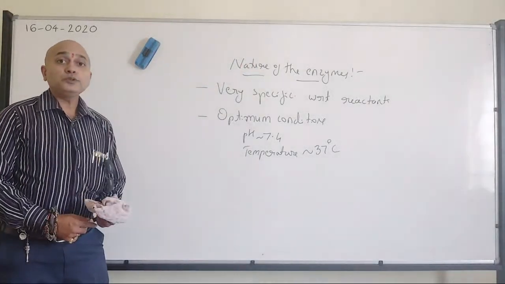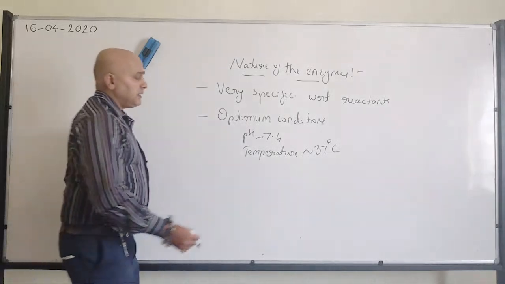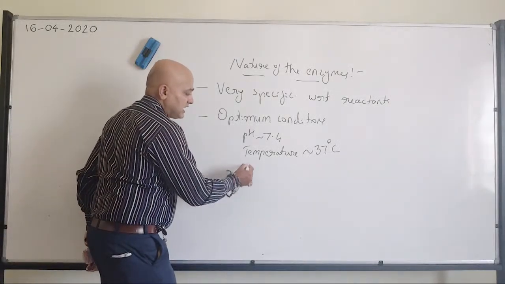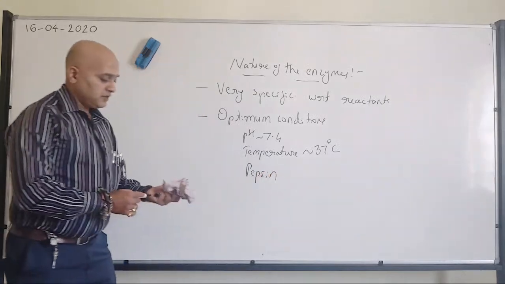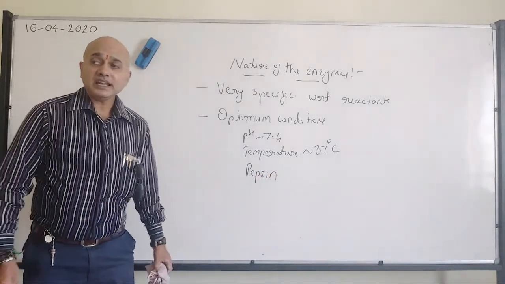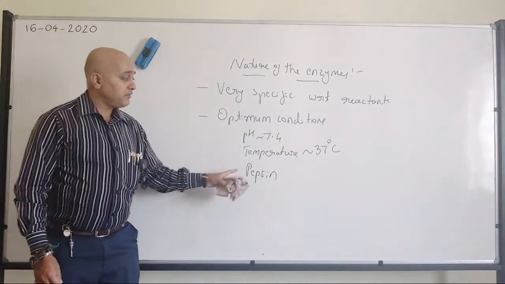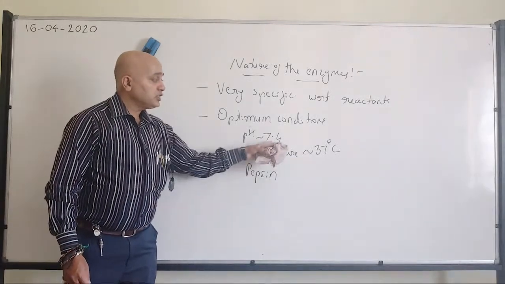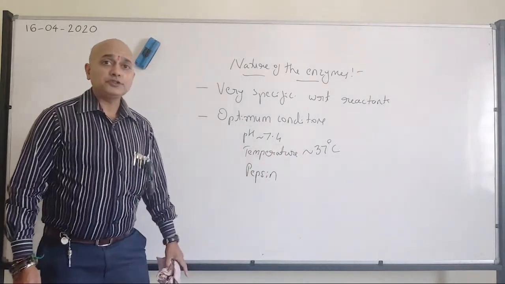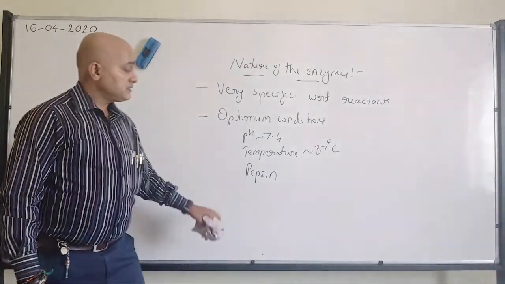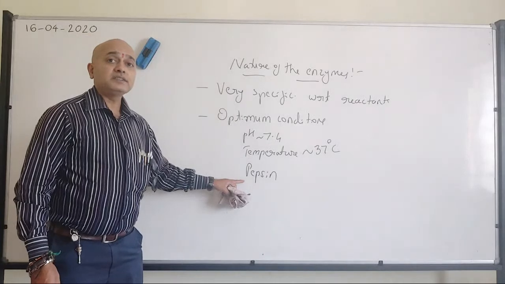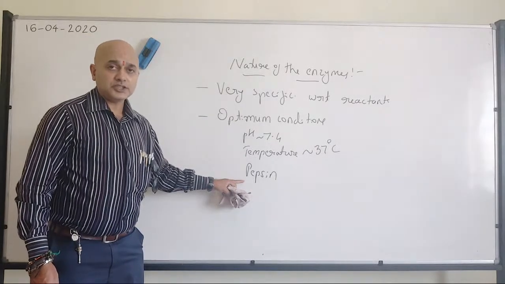Somewhere around 2. Now at that particular pH we have one enzyme which is called pepsin, which will be active. Pepsin requires optimum condition where pH should be not 7.4, pH should be acidic, that is around 2 to 3. So that's why they are active at acidic pH.